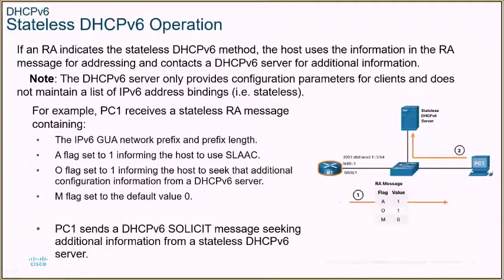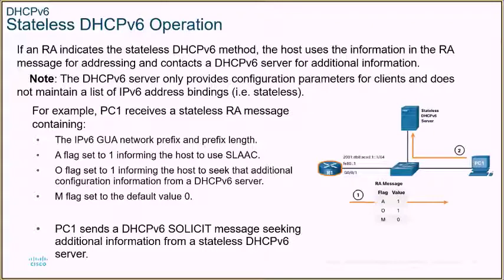Okay, so with the stateless DHCP operation, if an RA indicates the stateless DHCP method, the host uses the information from the RA for its addressing, but then contacts the DHCP server for extra or other information. Note that the server only provides configuration parameters for clients and does not maintain a list of IPv6 address bindings.